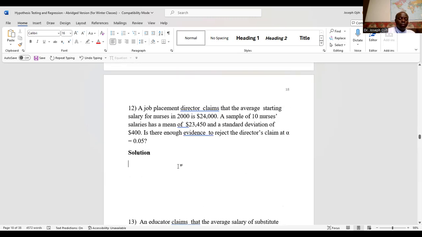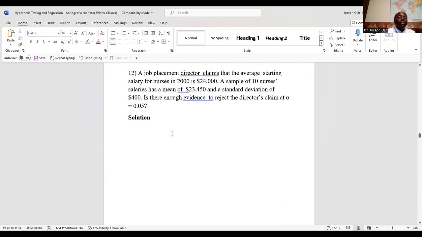Anyway, so let us do it. Again, first thing is to state the hypotheses and identify the claim, H0 and H1. Now, this director is claiming that the average starting salary for nurses in the year 2000 is 24,000. Is means equal sign, so the claim is going to be in the null hypothesis.